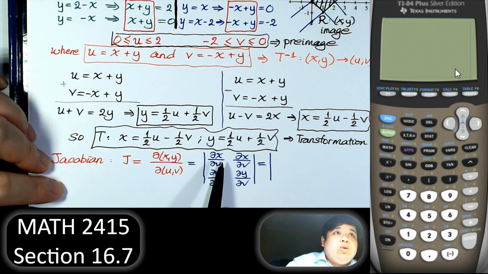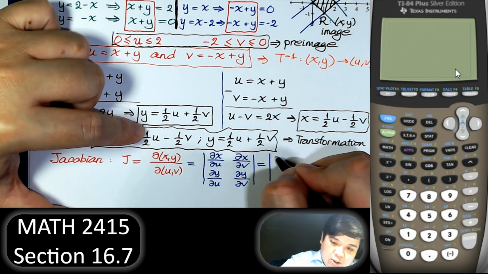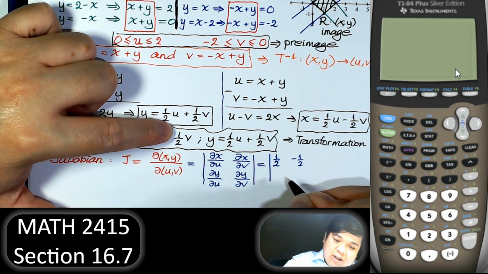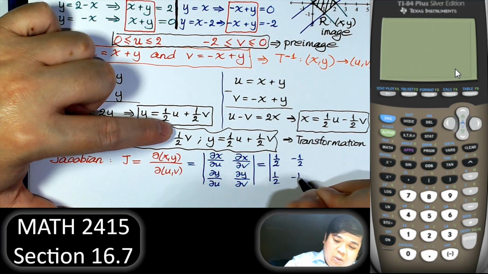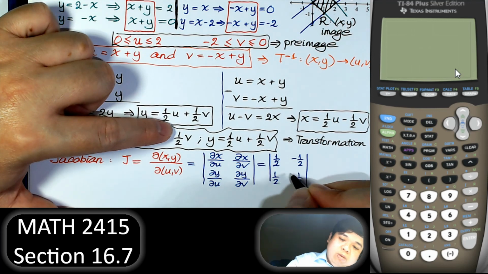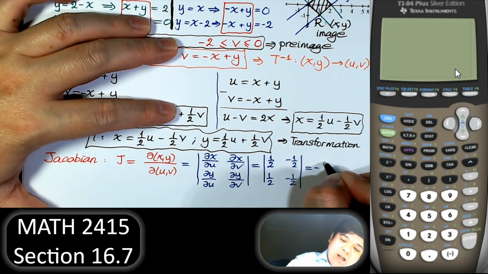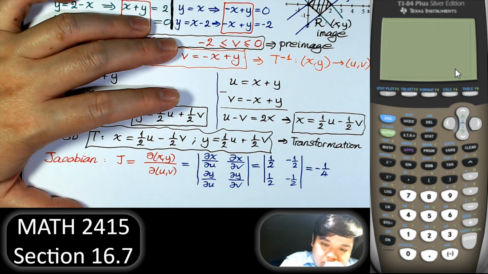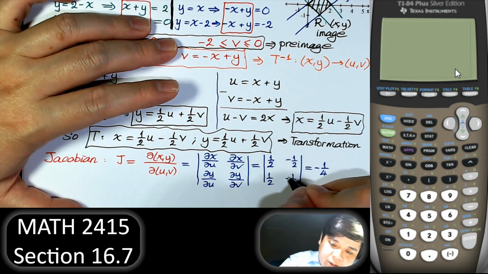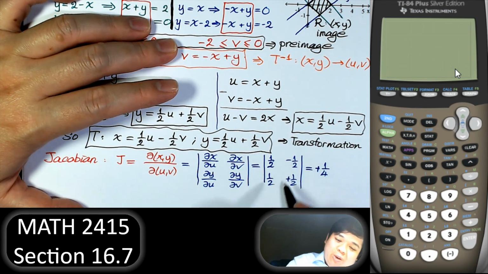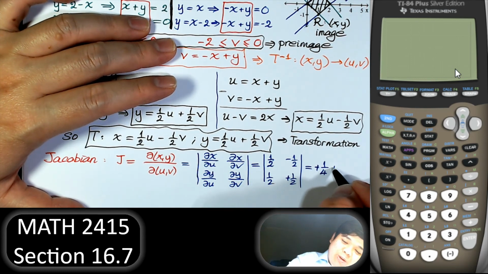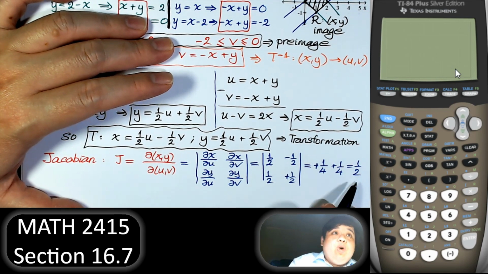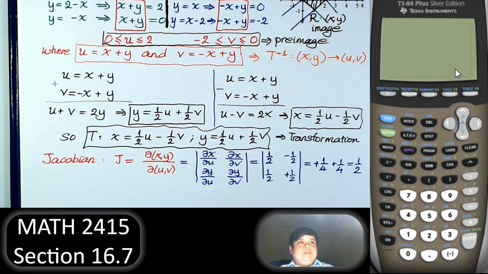Derivative of x with respect to u, 1/2. With respect to v, negative 1/2. With respect to u, 1/2, negative 1/2. Cross multiply, negative 1/4. Sorry, 1/4 plus 1/4 is 1/2. So the Jacobian is equal to 1/2.